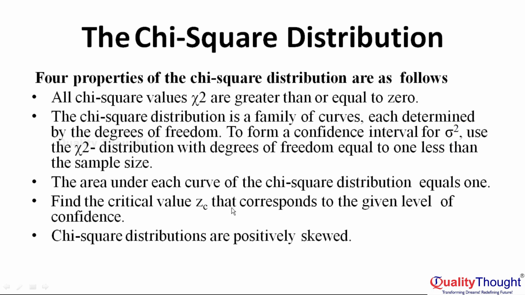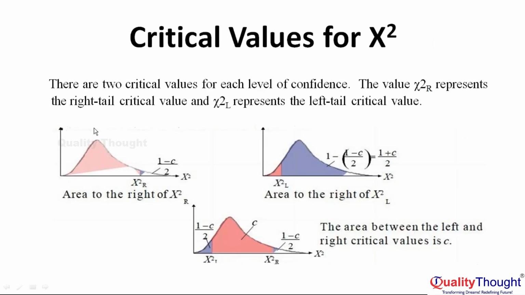Find the critical value that corresponds to the given level of confidence. Chi-square distributions are positively skewed. So let us see and understand. When we say the chi-square distribution is positively skewed, the tail would be traveling towards the right-hand side.